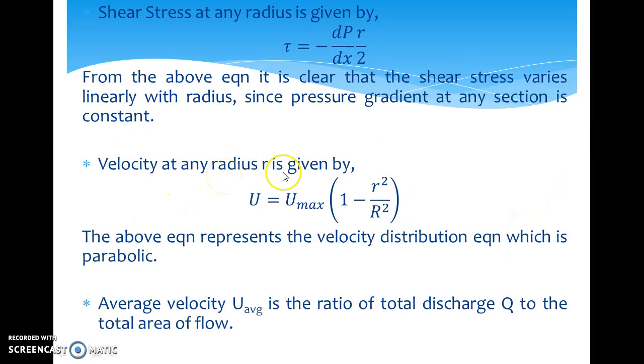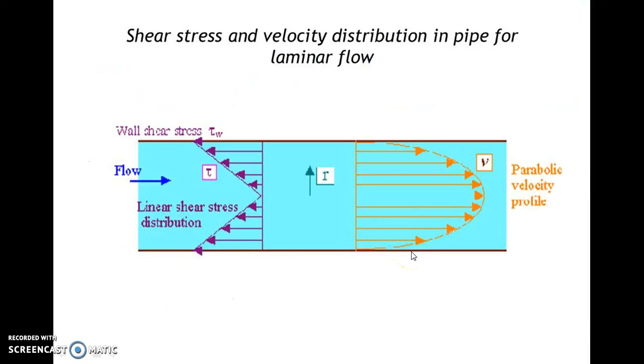Velocity at any radius r is given by u is equal to u max into 1 minus r square by capital R square. So r is the radius at which we want to know the velocity, and capital R is the radius of the pipe. From this equation, we can see that this is a parabolic equation. That's why the velocity profile is parabolic.